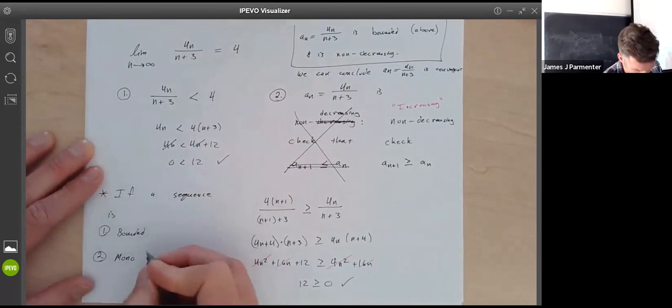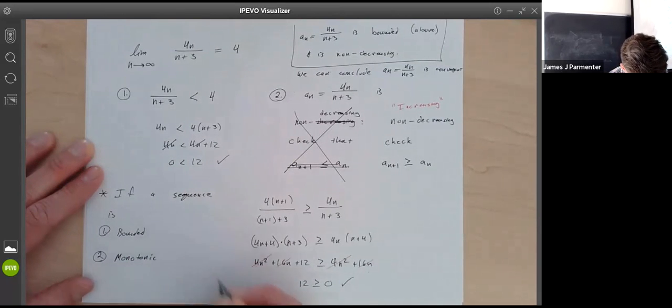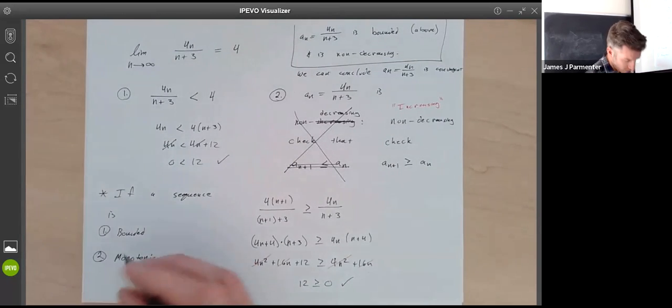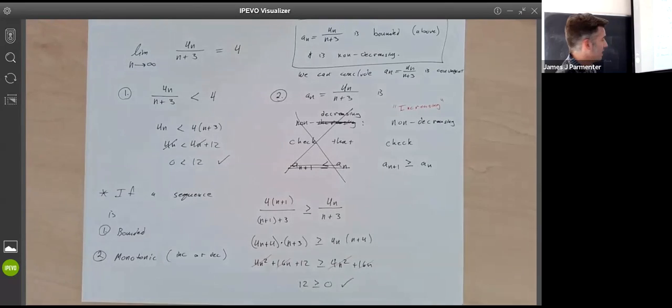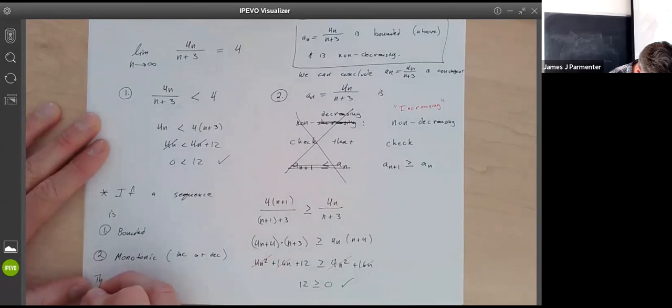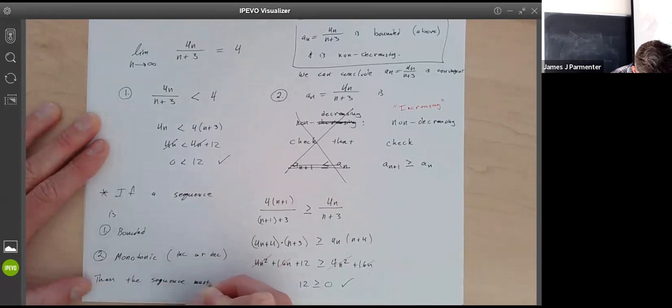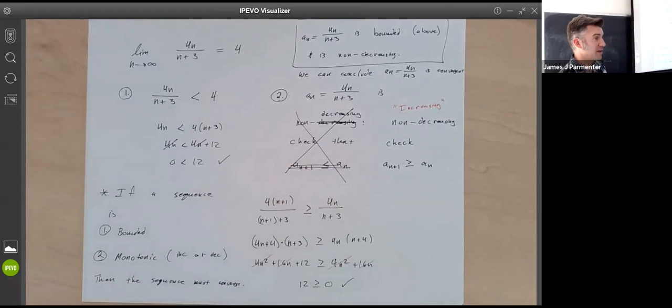Mono for singular, tonic for, actually, I don't know, for either increasing or decreasing. If those two things are true about a sequence, then the sequence must converge. It's kind of great. It's definitely going to come back real soon.